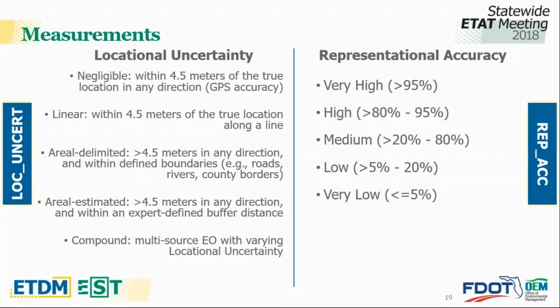The categories are: negligible, within 4.5 meters of the true location in any direction, generally used when it's a GPS point; linear, within 4.5 meters of the true location along the line; areal delimited, meaning greater than 4.5 meters in any direction and within defined boundaries, such as a road, a river, or a county border; areal estimated, again greater than 4.5 meters in any direction and within an expert-defined buffer distance; and compound, which is multi-source element occurrences with varying locational uncertainty.